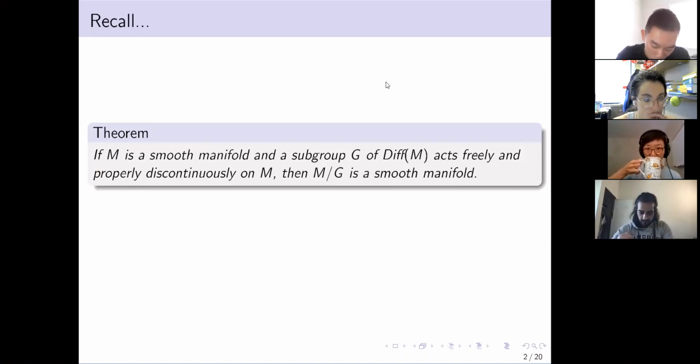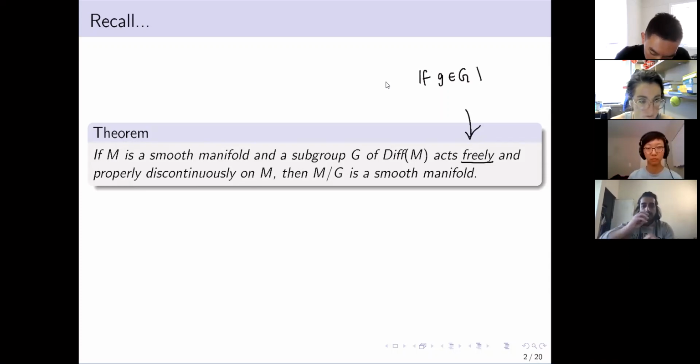I think there's no harm in trying to recall what these terms really mean. Free here basically means that if the element g in the group is not the identity, then g has no fixed points.